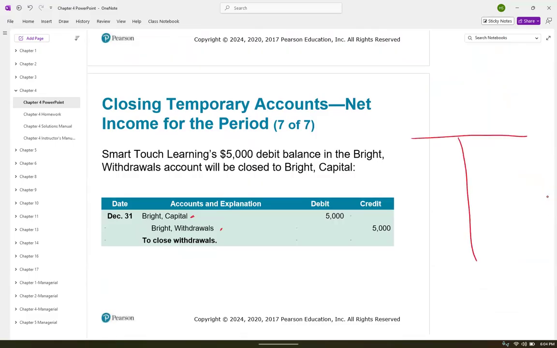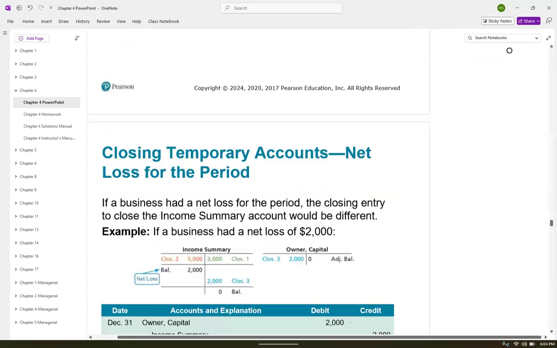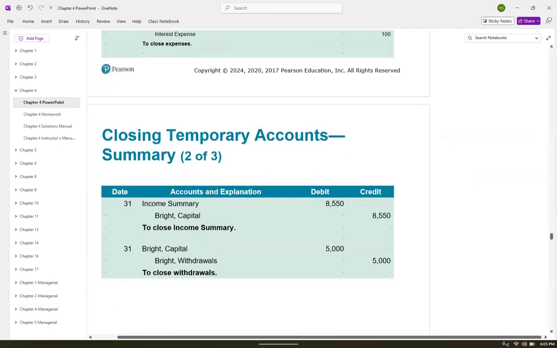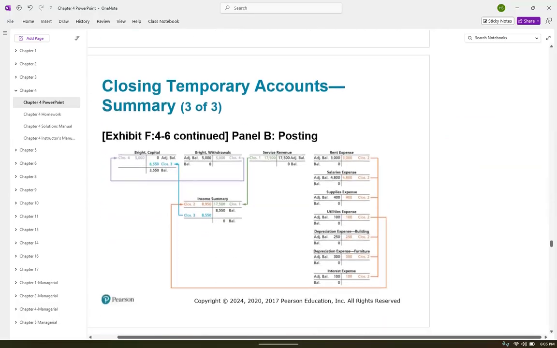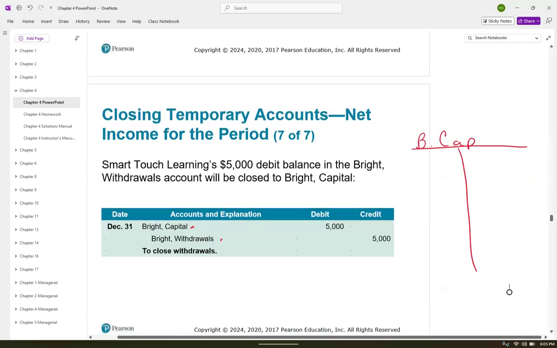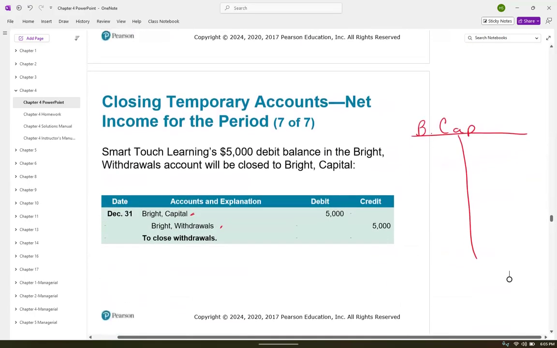So let's look here. We have Bright Capital. It had a beginning balance. Sorry, I was trying to find that. So we debited the capital account for 5,000.